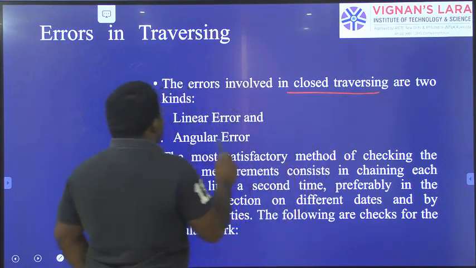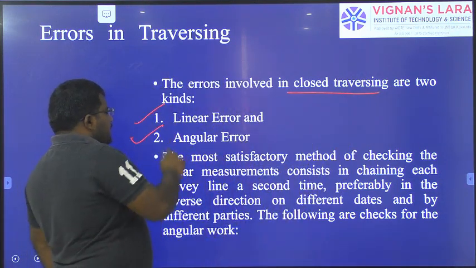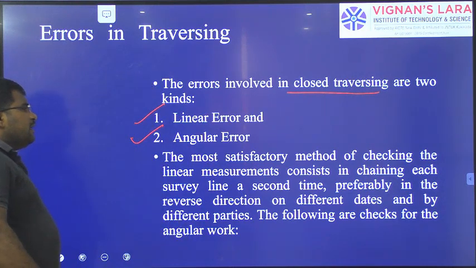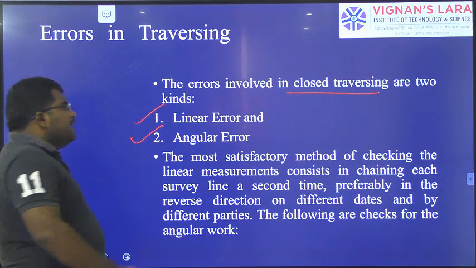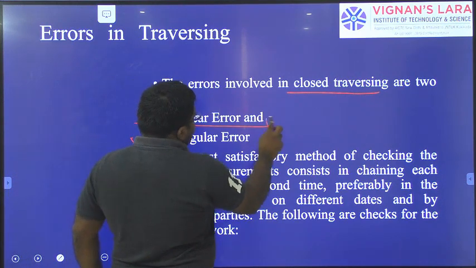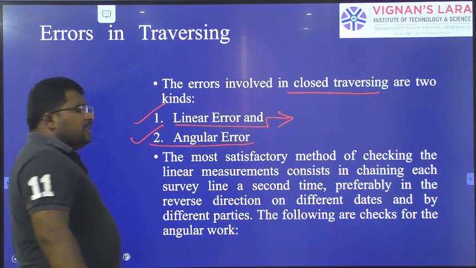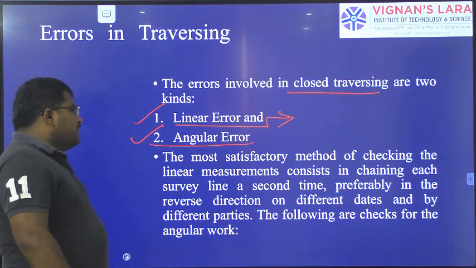In closed traversing, we are going to get linear error, and the second one is angular error, right? What is linear error? If you get any error in the linear direction, that is called linear error. If you get any error in the case of angles, that is called angular error, right?